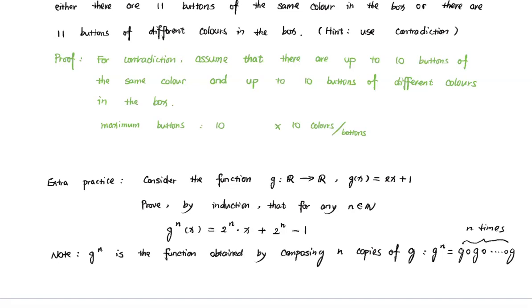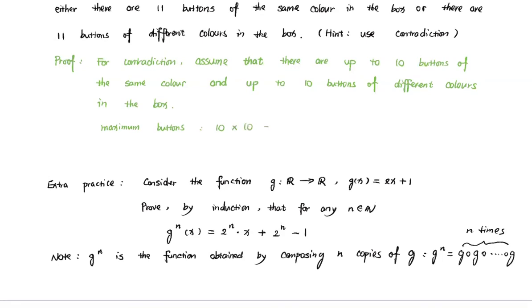Just use 10 times 10, too complicated. 10 times 10 equals 100. So the maximum number of buttons you can get is 100. So that's a contradiction.